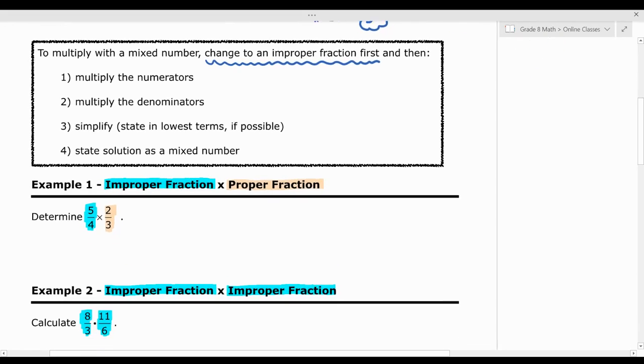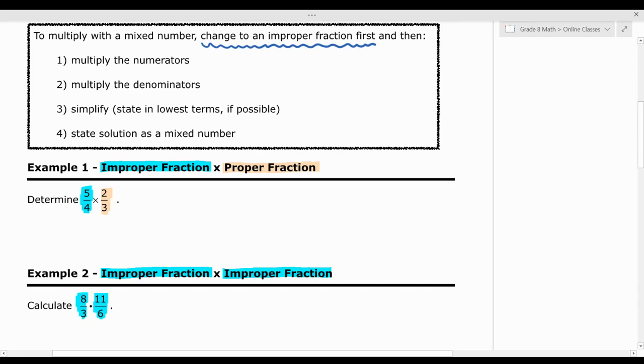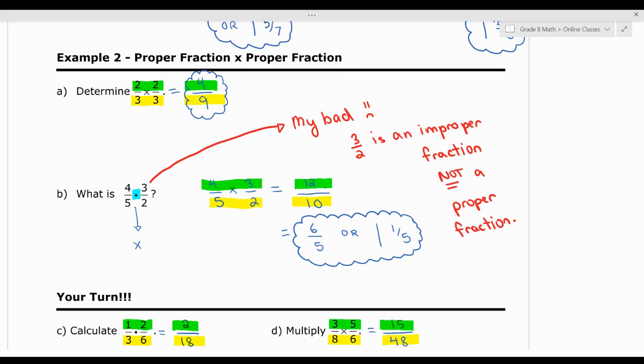All right, so example 1, you have an improper fraction times a proper fraction. And I actually need to pause for a second because when I looked back at my first video, I made a little bit of a boo-boo. Just a quick fix, and I apologize. Example 2 in our first review lesson, I was talking about proper fractions multiplying by proper fractions. Question A was fine, both are proper fractions, the top number is less than the bottom.